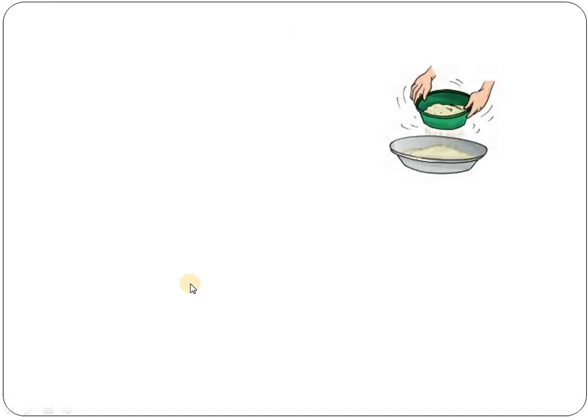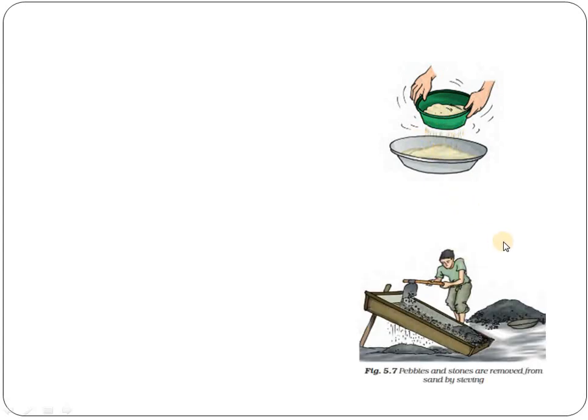When your mom is about to prepare tasty puri for you, she usually uses this sieve to separate any unwanted particles from the wheat flour. So this is a simple sieve to remove the unwanted particles. Similarly, this is a very common activity we see where construction of any building is going on.